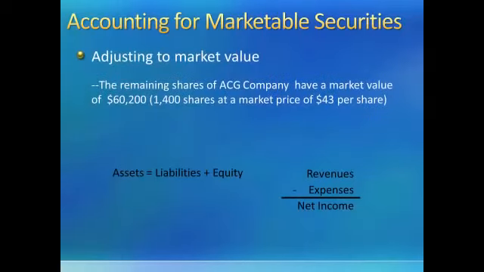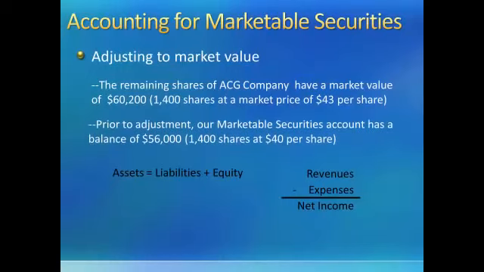The last thing that we want to discuss is adjusting to fair market value. The remaining shares have a fair market value of $60,200. That's 1,400 shares at a price of $43 per share. That means that we have an increase in the value of the shares from when we purchased it.